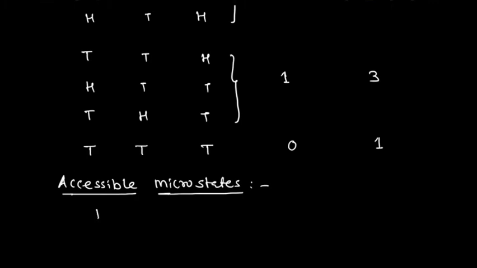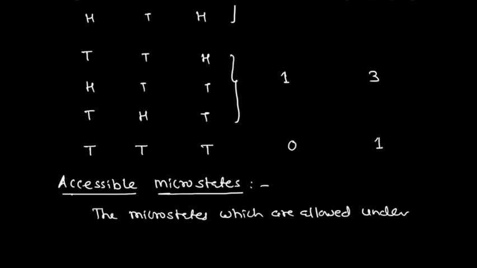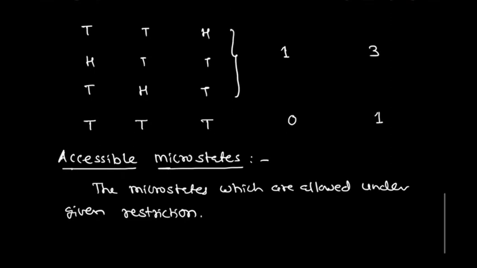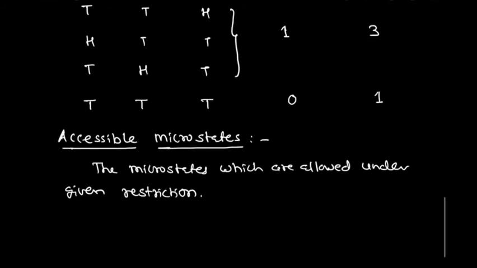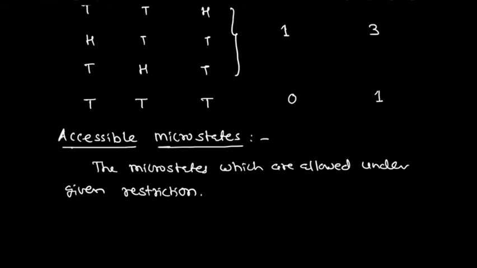The microstates which are allowed under a given restriction, those microstates we call accessible microstates. Now we explain that point by taking an example.